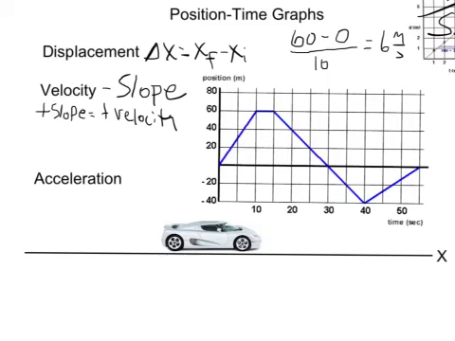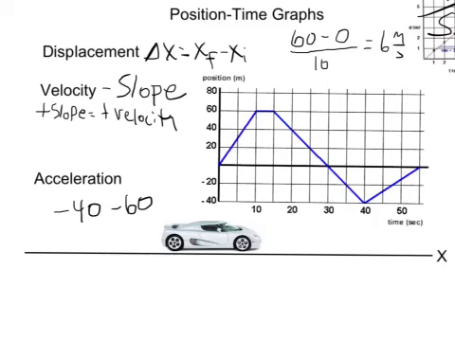However, look at the next segment here. In this next bit, between 10 seconds and 15 seconds, there's no change, so there's no slope, so there's no velocity. The object's standing still. From seconds 15 to 40, we have a slope in the negative direction. So our final position there is negative 40 minus our initial position of 60.